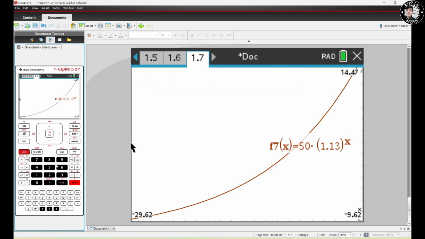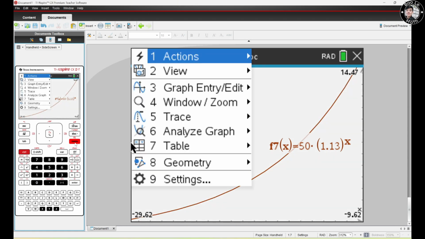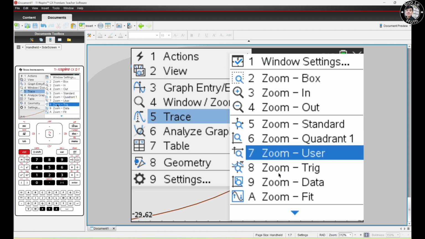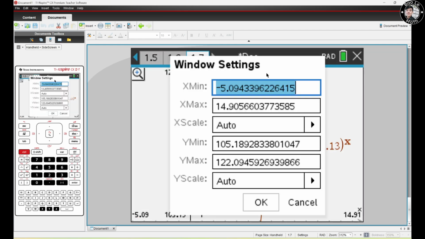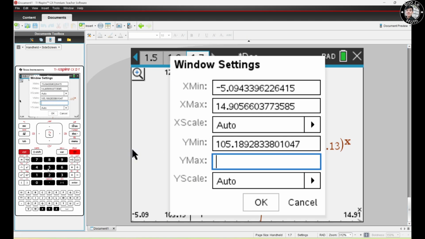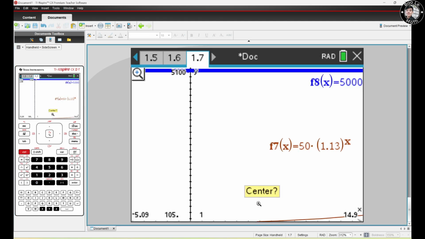And then it doesn't show up. So we need to hit menu, window settings right here. Now we need to adjust the Y max right here. It should be more than 5,000, right? So we hit clear. We put 5,100 right here, okay? And we hit OK.